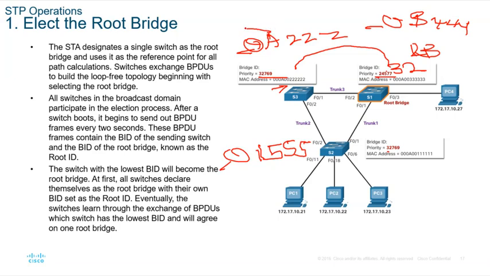This is A, this is 1, and this is B. Which one is the smallest? It is 1. Then how about A and B? Which one is the smallest?